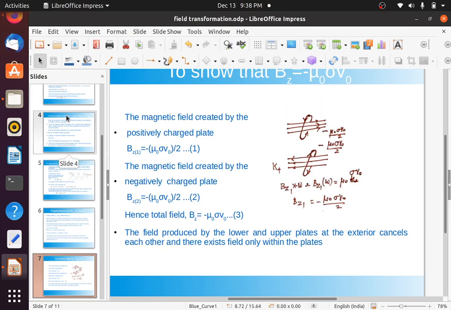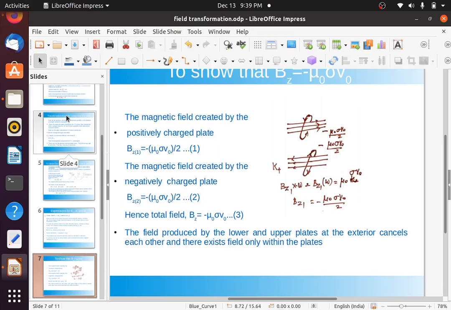Consider the lower plate, along the circular path that is shown. Along the upper part of the loop, the field is Bz1, and dl is equal to the width of the plate W. So you have to put a minus sign there.